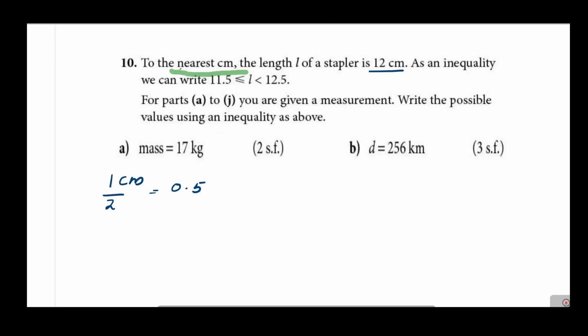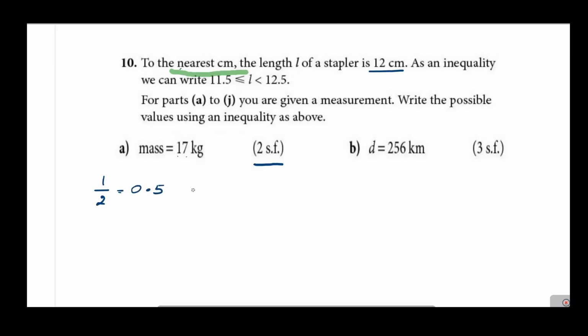In this case, the first measurement is measured to the second significant figure. This is our keyword: second significant figure. The second significant figure is 7. It lies in the unit position. Therefore, I have to get 1. 1 should be divided by 2. Again, our key point is 0.5.